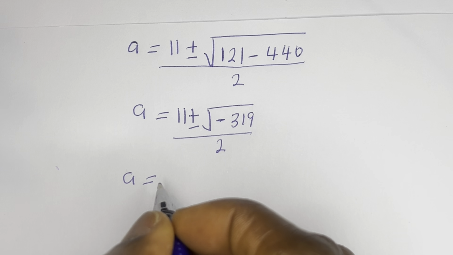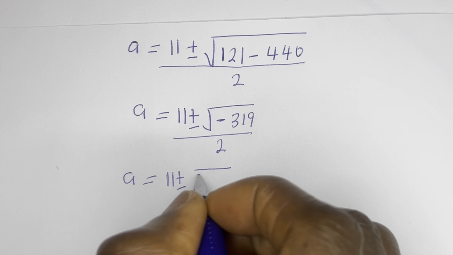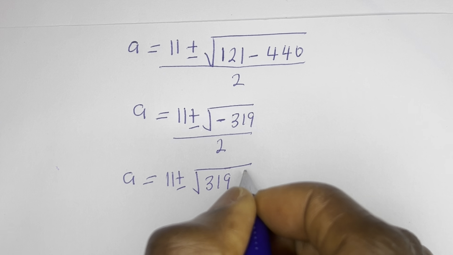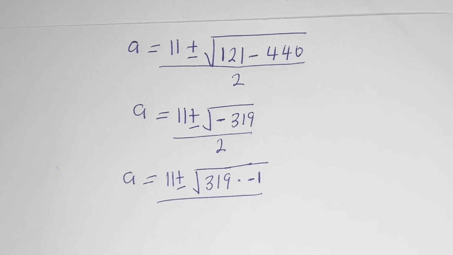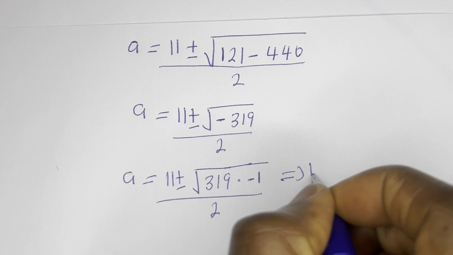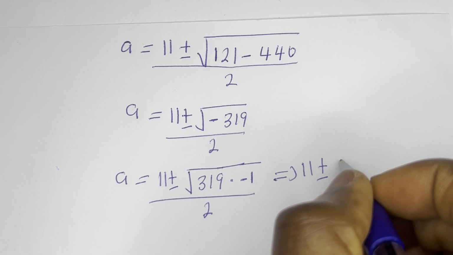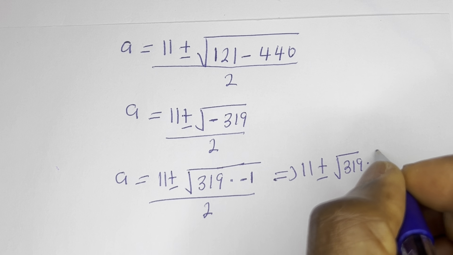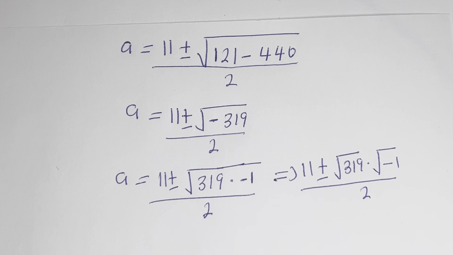a is equal to 11 plus or minus square root of, this can be written as 319 multiplied by minus 1, divided by 2. Then this is 11 plus or minus square root of 319 multiplied by square root of minus 1, over 2.